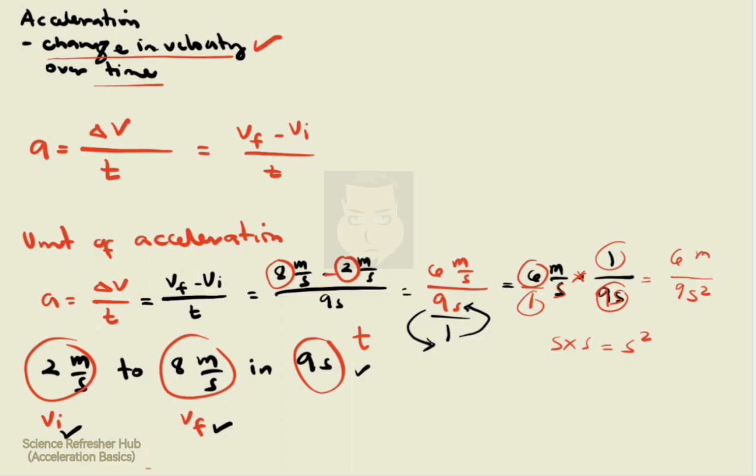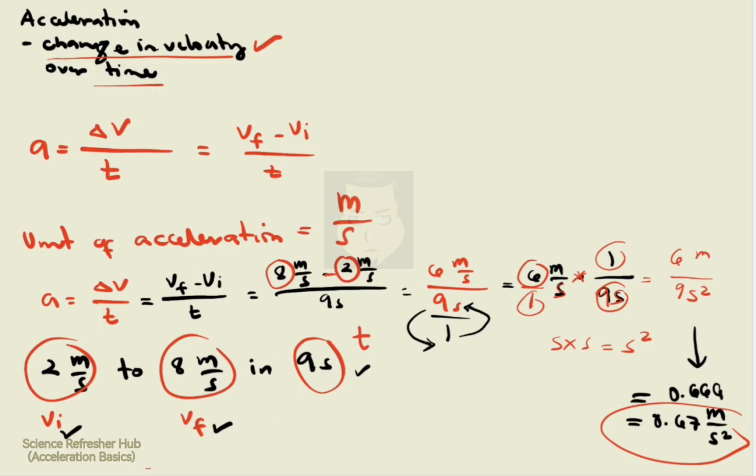You can simplify it. The answer is 0.666 or 0.67, and the unit, observe, meter per second squared. So that's the answer. That's how you will get the acceleration, and the unit of acceleration is meter per second squared.